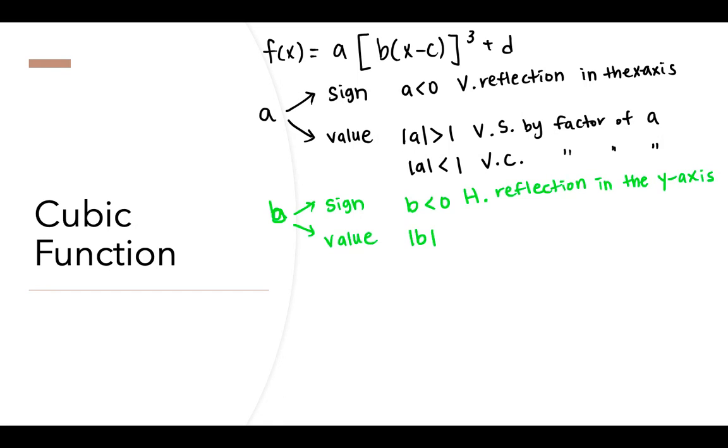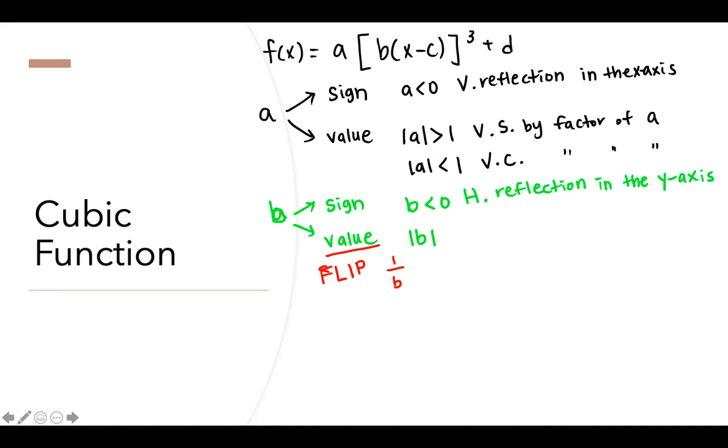Before I do absolute value, I'm going to write in red letters that for b, for the value, you've got to flip it. So what I mean is, when you flip it, in this example, it's going to be 1 over b. Okay, so we're just looking at the b value.